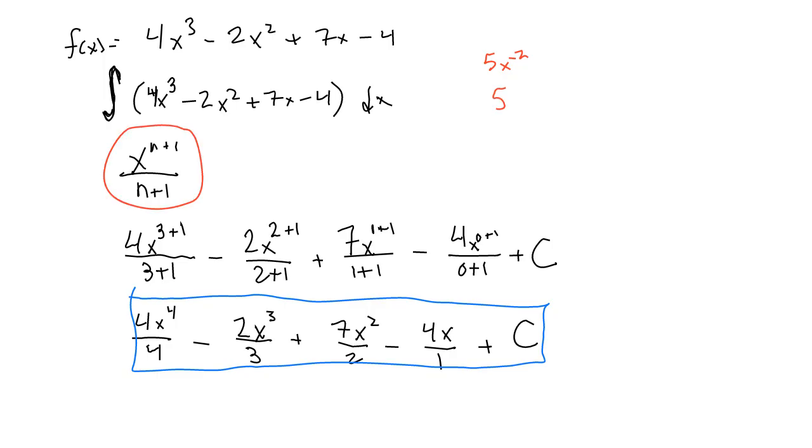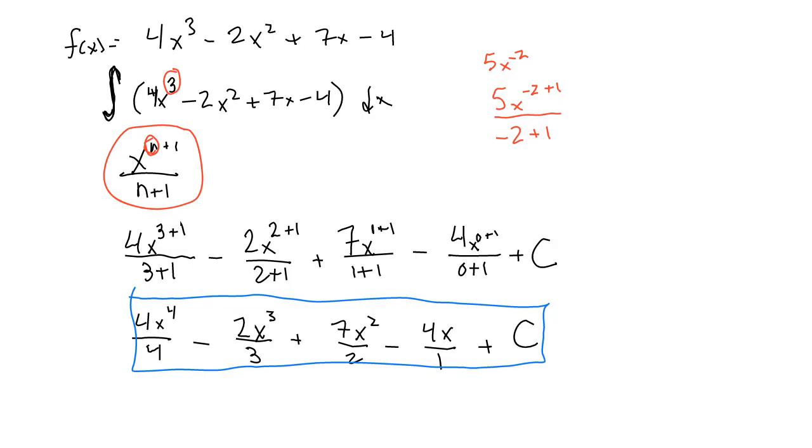We'd say 5x to the negative 2 plus 1 over negative 2 plus 1, like that, because your n here is whatever your exponent is. And if it's a negative, you do the same thing.